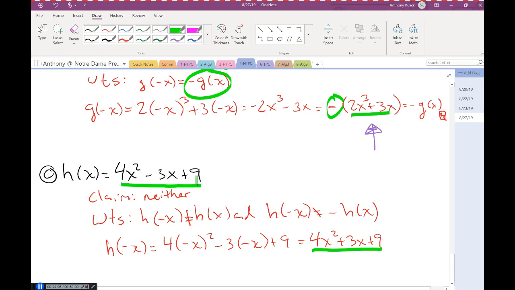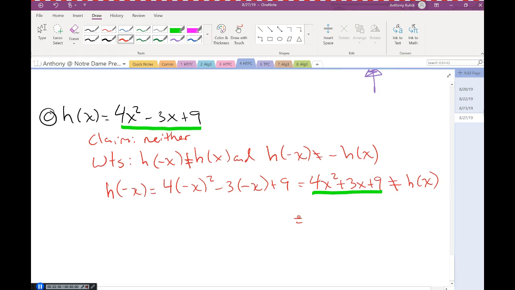If I compare these, are they the same? Nope. What's different? Yeah, the sign on the 3x is different. That's all that's different, but that's enough. All they have to be is different. Doesn't matter how slightly different they might be. That's enough to show that it's not even.